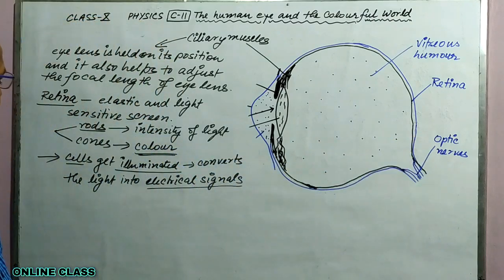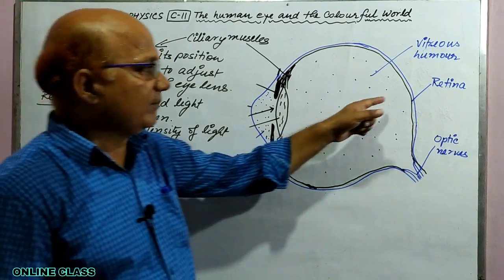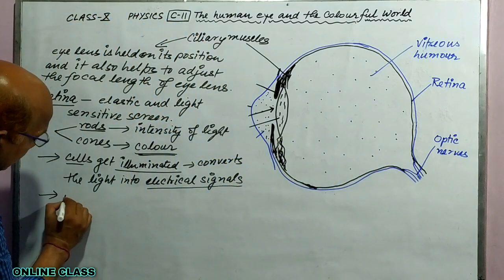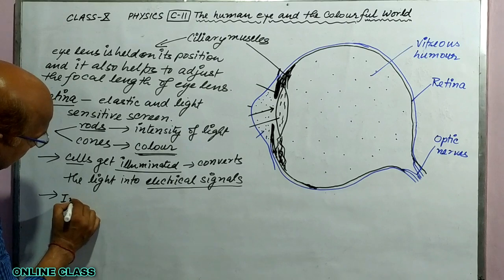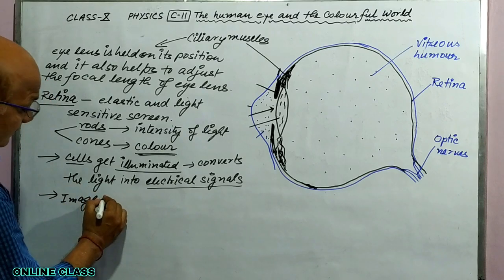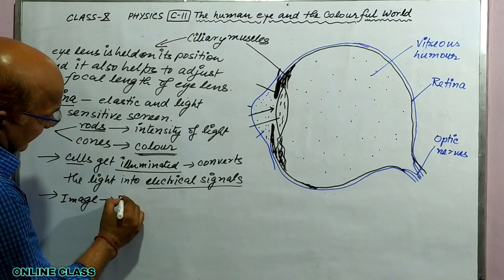Okay. So, actually the image which is formed on retina is real and inverted.